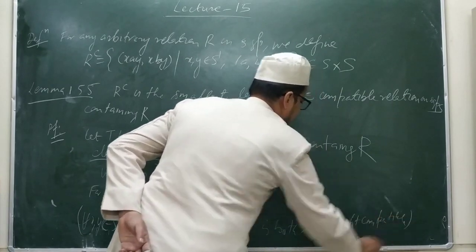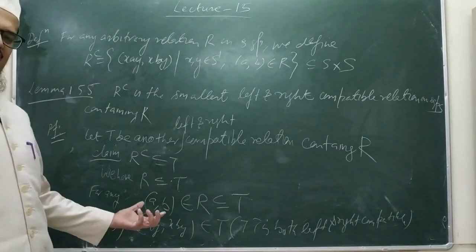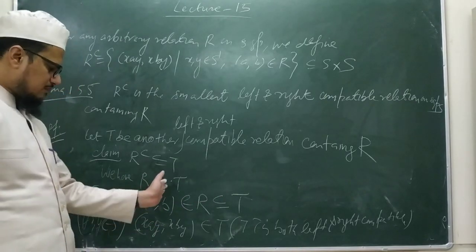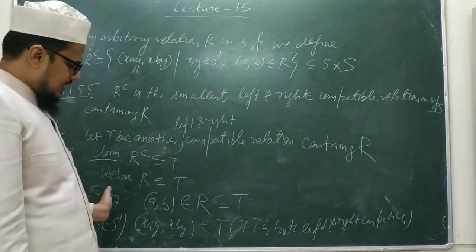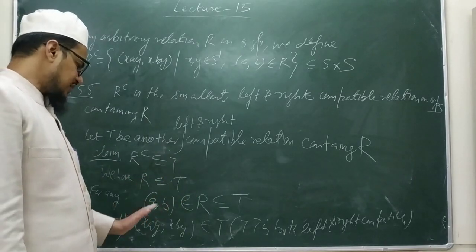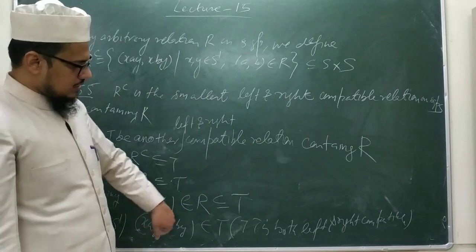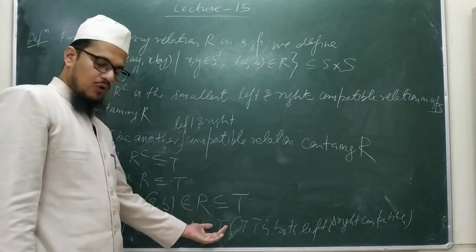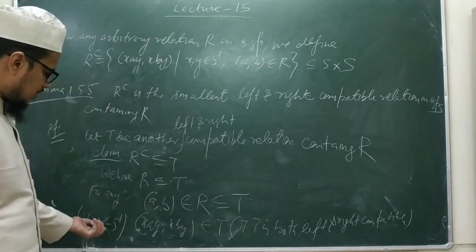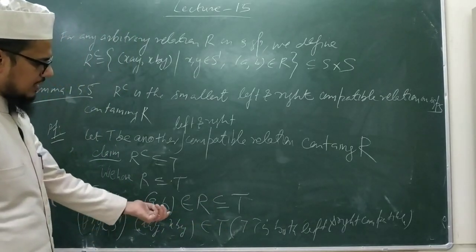As it is given that relation T is both left and right compatible, if A, B is in T, then multiplying on the left side, XA, XB again goes in T, and also XAY, XBY again goes in T. Why? Because T is also right compatible. So for every X, Y belonging to S1, XAY, XBY goes in T.